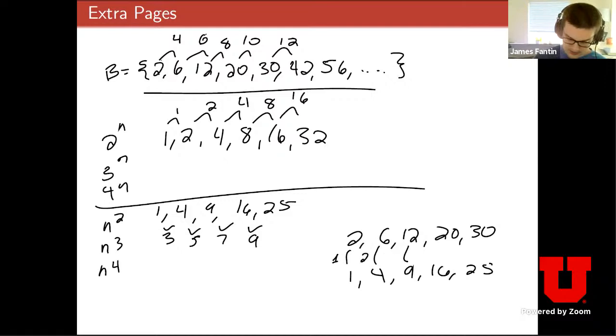This is 2, this is 3, this is 4, this is 5. So we know we're looking at something like n squared plus n. And then you just have to figure out the correct domain. In this case, we would be over the positive integers. So we'd have a closed form like this, n squared plus n, where n is in the positive integers.